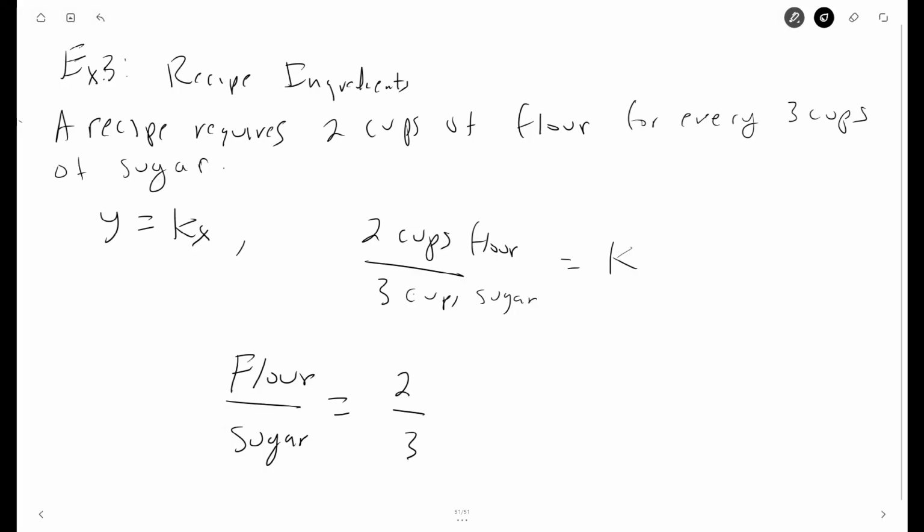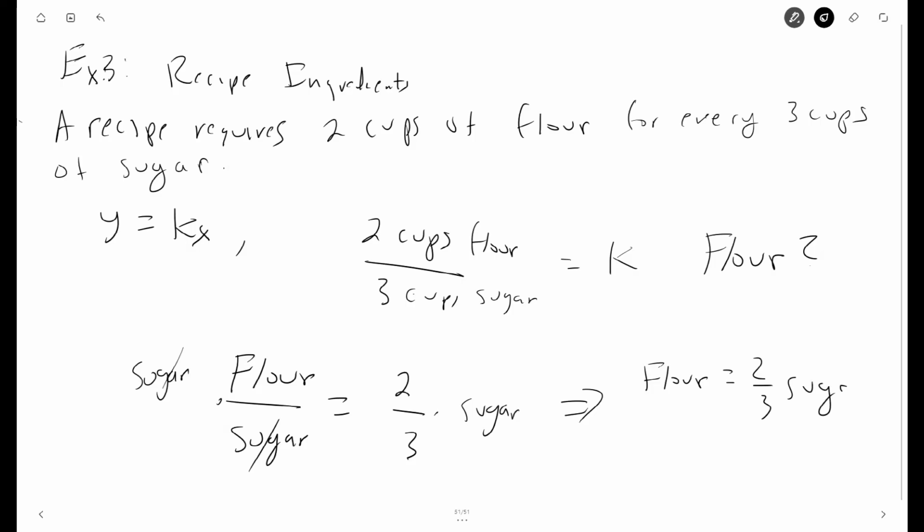Our goal is to find a relationship for flour, so we can multiply both sides by sugar. This cancels, and we're left with flour equals 2/3 sugar. And that will be our relationship.